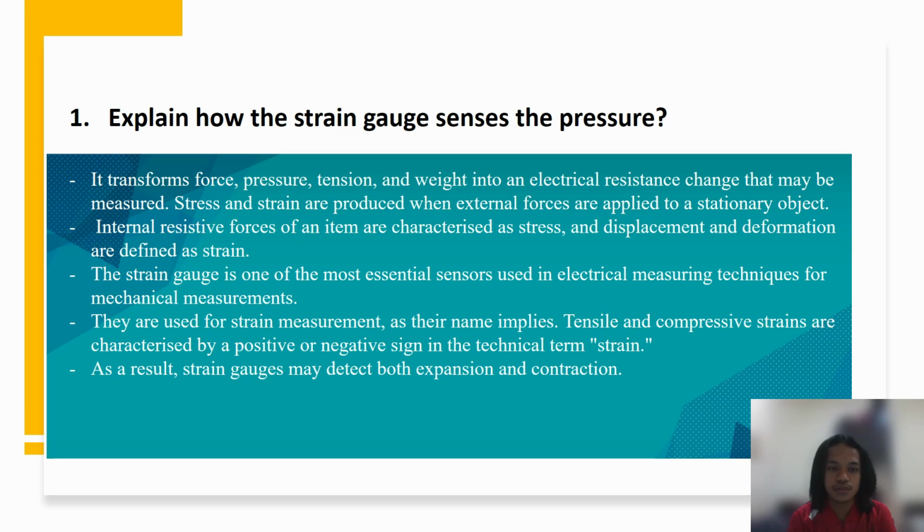The strain gauge is one of the most essential sensors used in electrical measuring techniques for mechanical measurements. They are used for strain measurement, as their name implies. Tensile and compressive strains are characterized by a positive or negative sign in the technical strain. As a result, the strain gauge may detect both expansion and contraction.